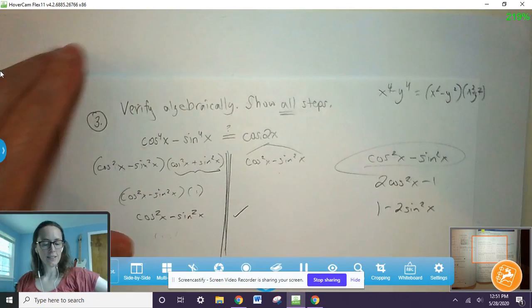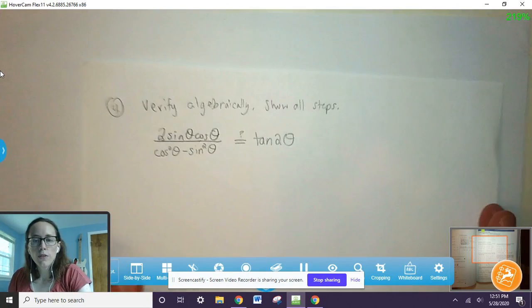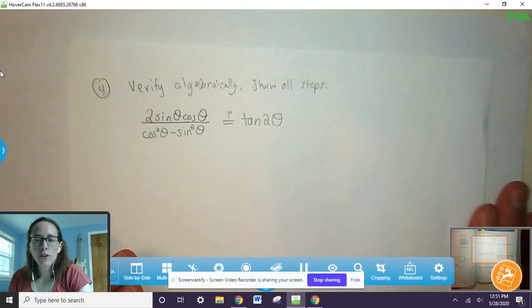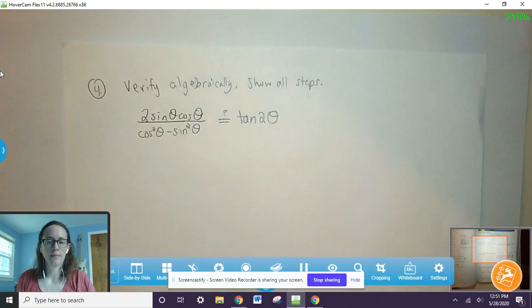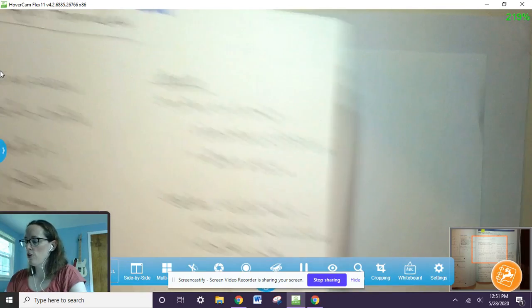All right, last one of our double angle formula problems. We're going to verify this algebraically, showing all of our steps.